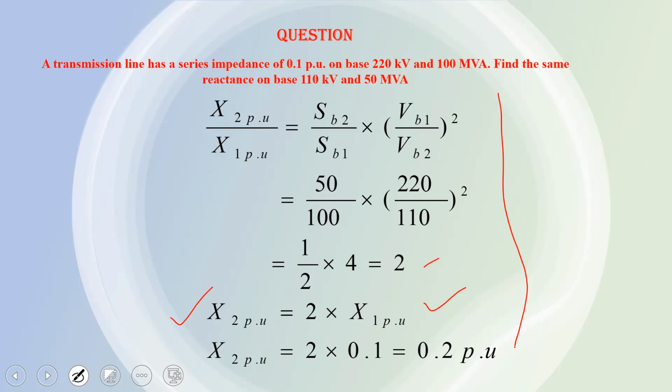This is required when you analyze a power system; it is necessary to change the base voltage and base MVA from one base to another. Later you will see the application of this concept in the analysis of power systems.